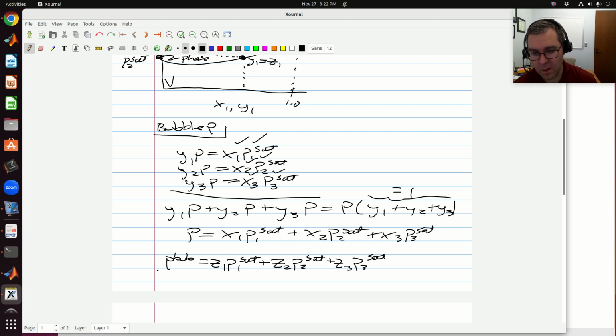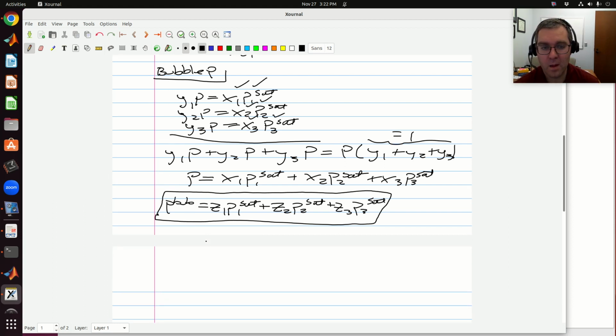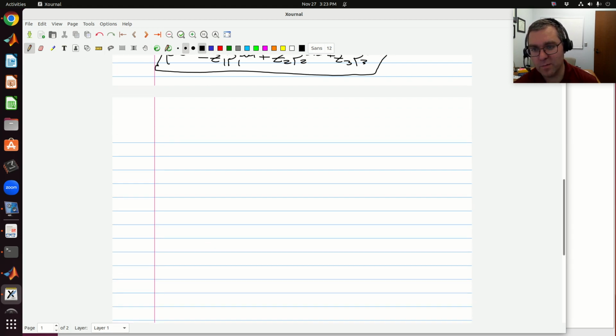I'm just going to box this in for now and calculate it in a second, because I will then label my phase diagram so we can identify phases. So that's my bubble point pressure, and I'm going to leave a little space so I can write in P bubble for when I calculate it.